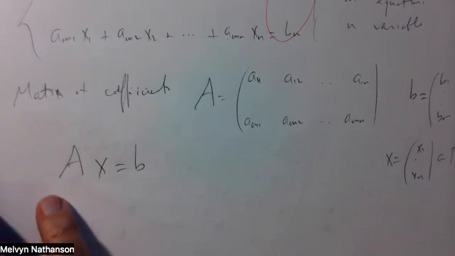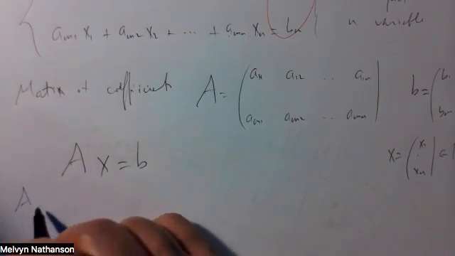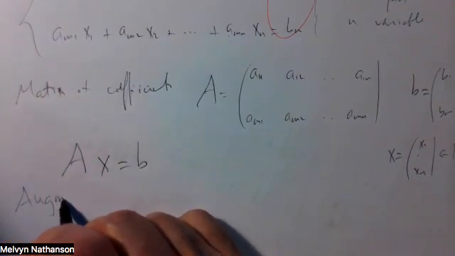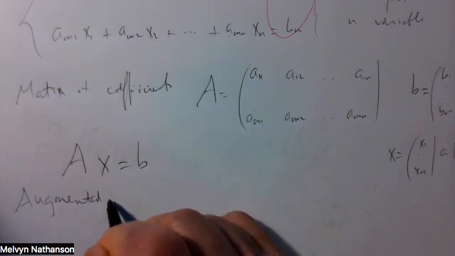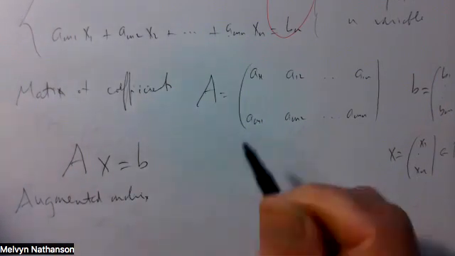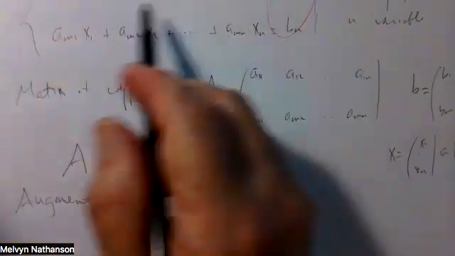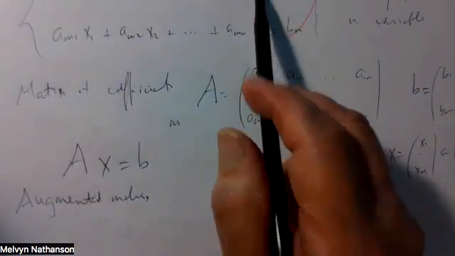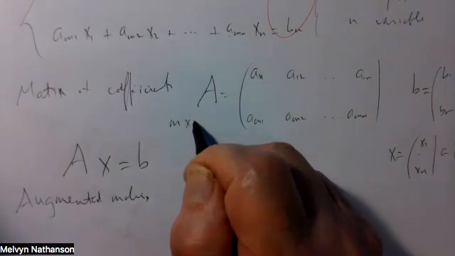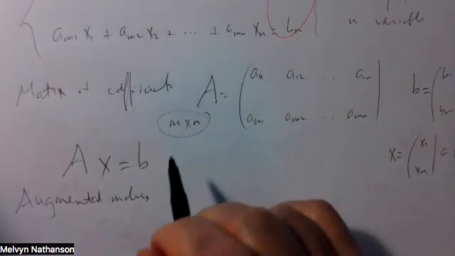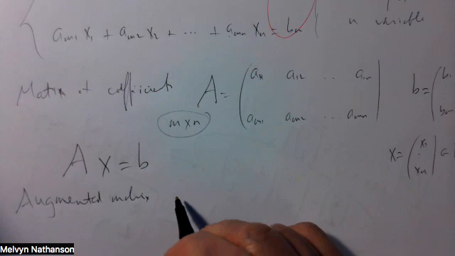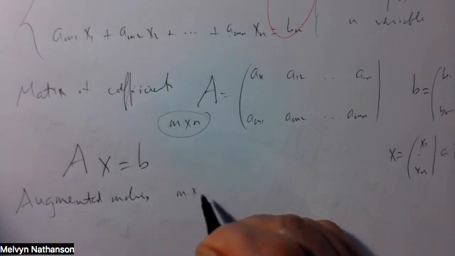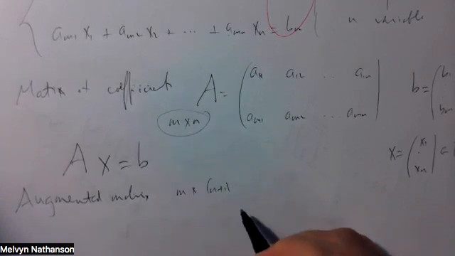And sometimes we write what is called the augmented matrix. This matrix A has m rows, because you have m equations, and n columns, because you have n variables. This is an m by n matrix. The augmented matrix will have the same number of rows, but one more column, n plus 1.